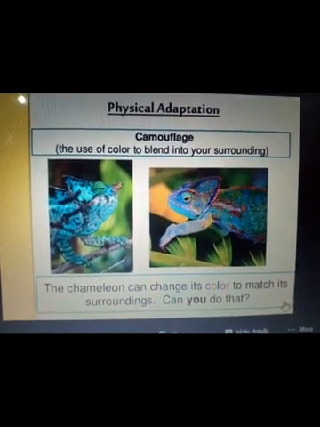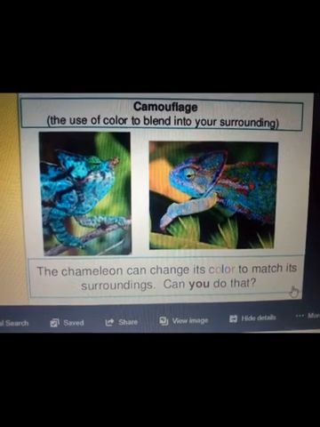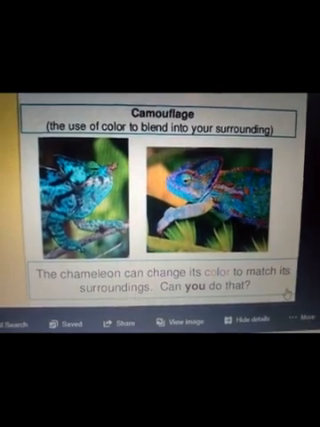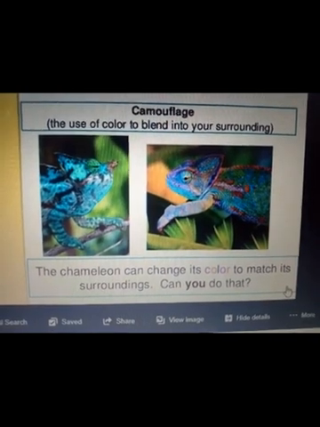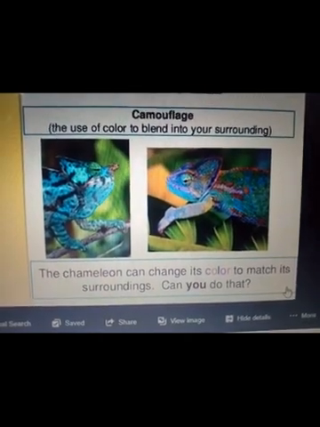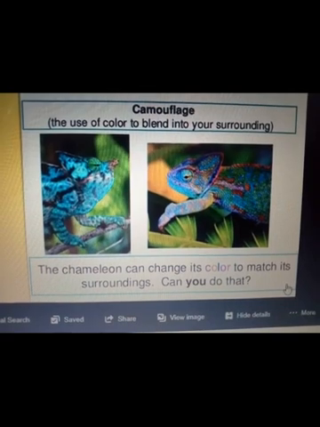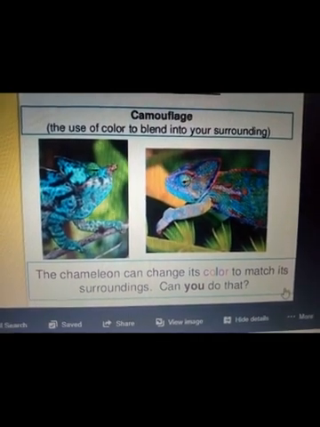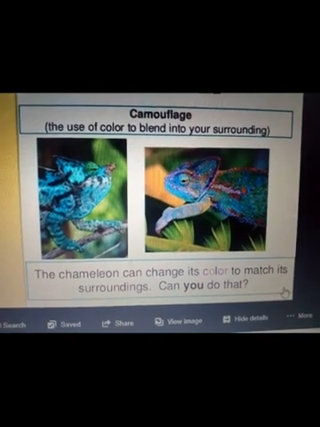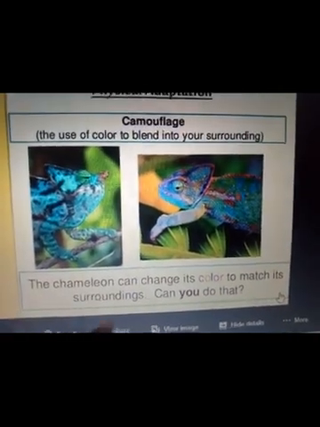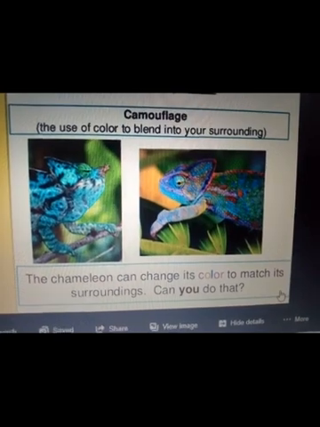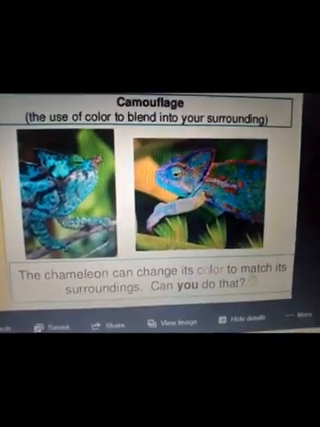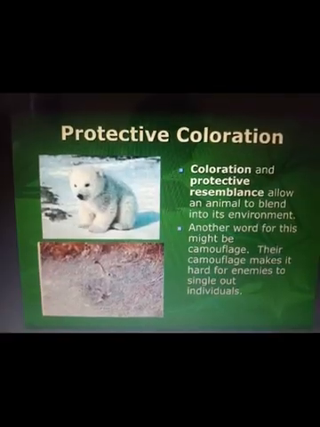The next type of adaptation is camouflage. Camouflage is the ability of some creatures to hide themselves by merging with the surroundings. That means they can use color to blend into their surroundings. For example, a chameleon can change its color to match its surroundings.